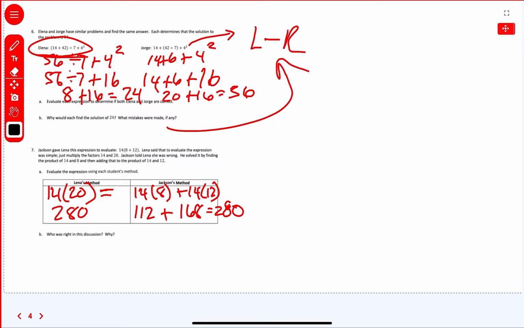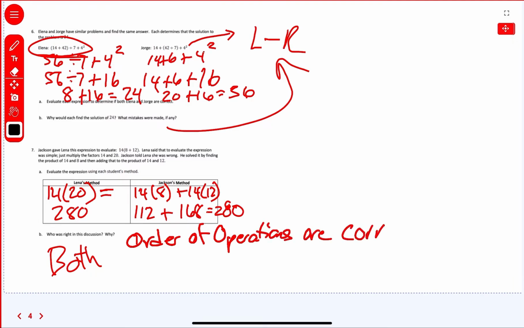So who was right? Both. Yeah. So both orders of operations are correct. Jackson used the distributive property.